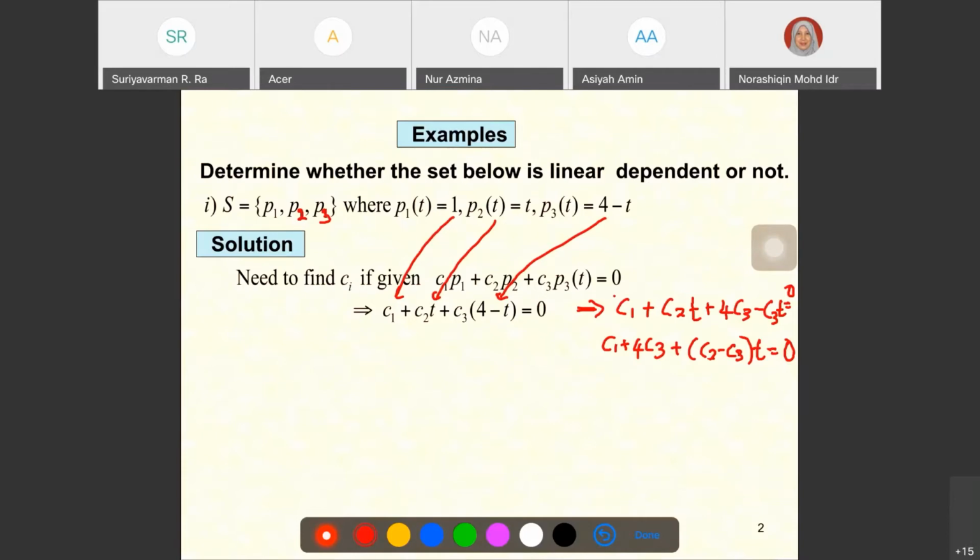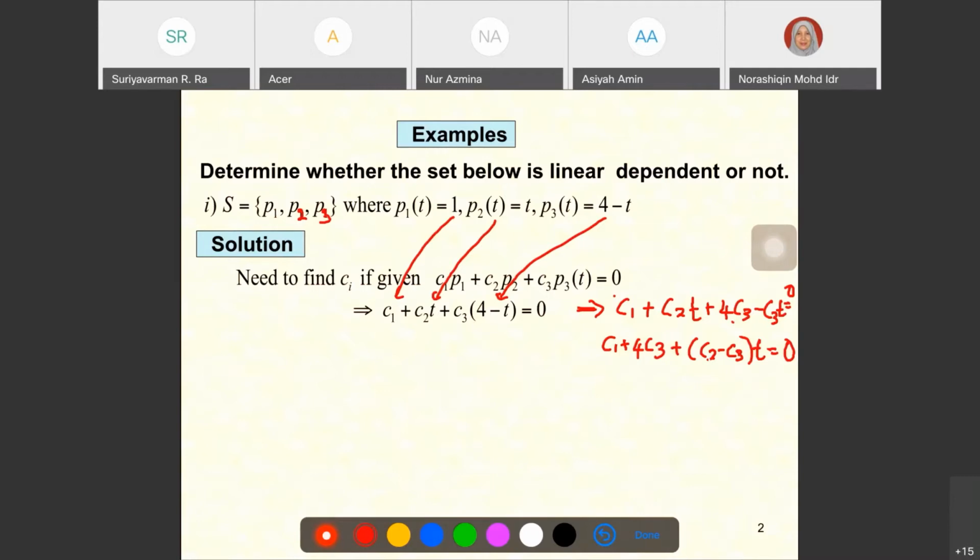What do you get? Is mine correct? C1 plus C2t plus 4C3. Doctor, 4C3, C2. Okay, Doctor. Correct. C1 plus 4C3, C2 minus C3, correct.